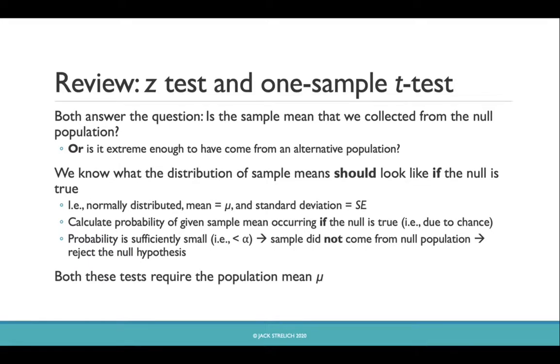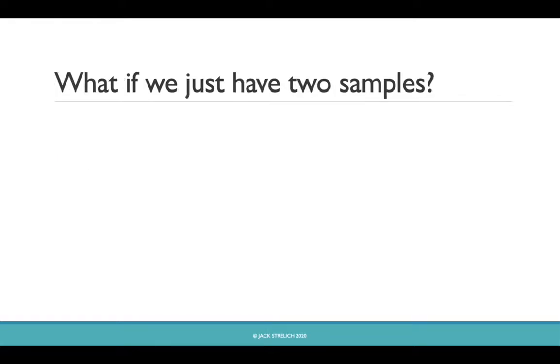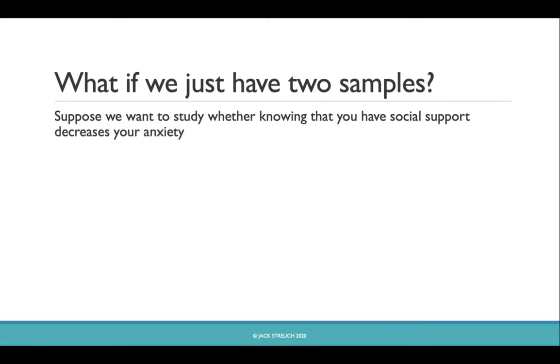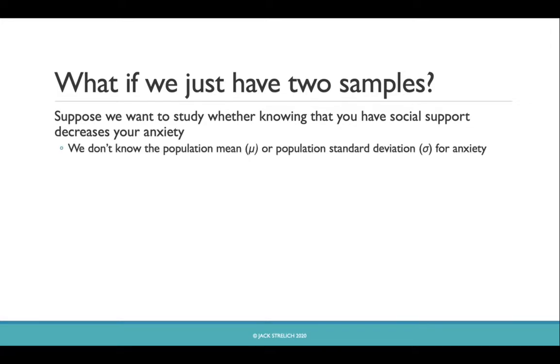Importantly, both the z-test and the one-sample t-test require that we know the population mean mu. And of course, we don't always have access to this. Imagine a situation in which we only have two samples. So suppose we want to study whether knowing that you have social support available decreases anxiety levels. In this case, we don't know the population mean mu or the population standard deviation, sigma, for anxiety.